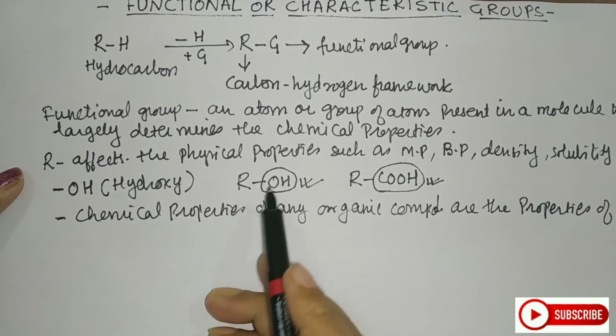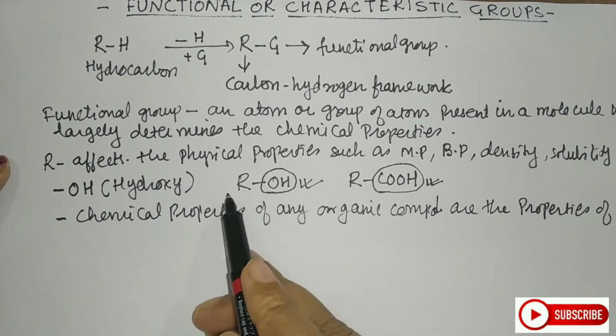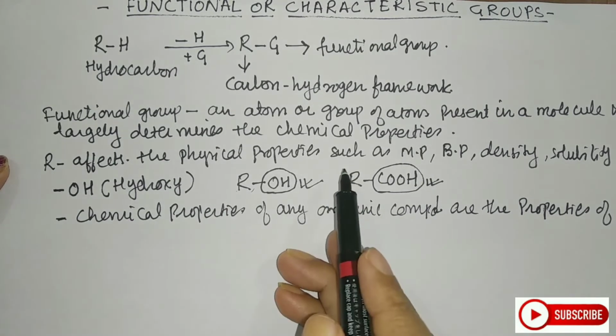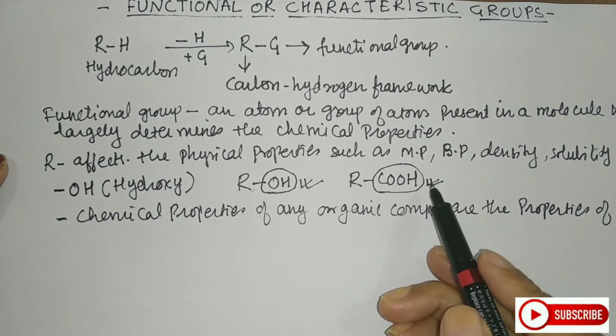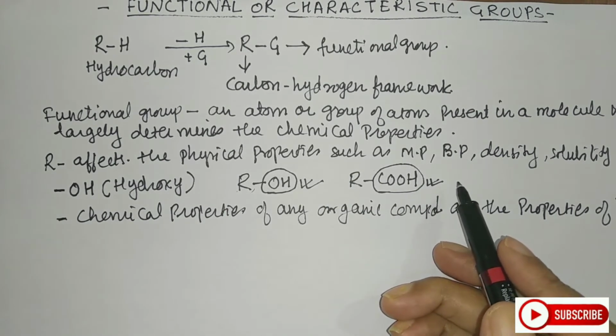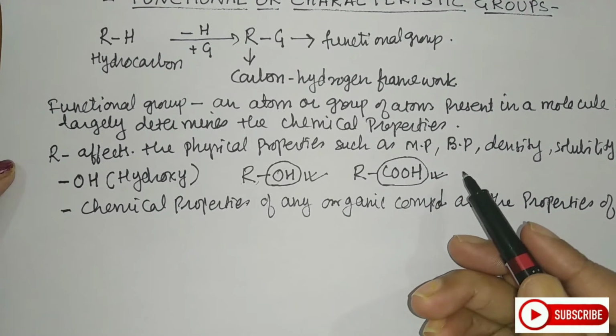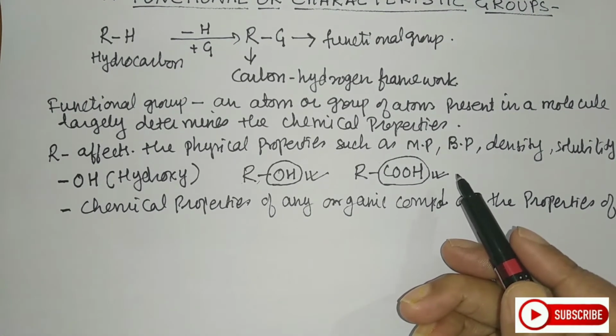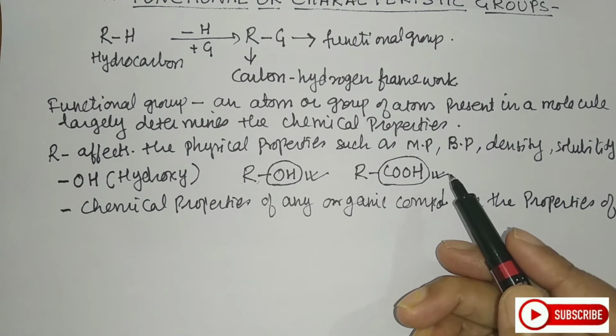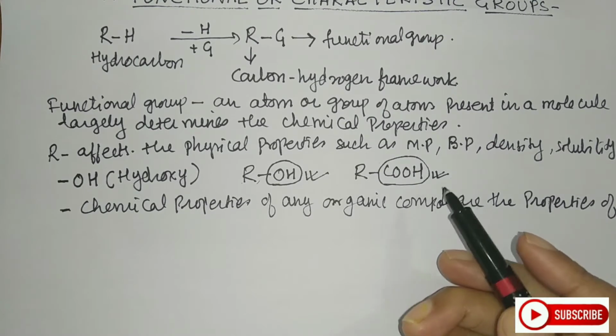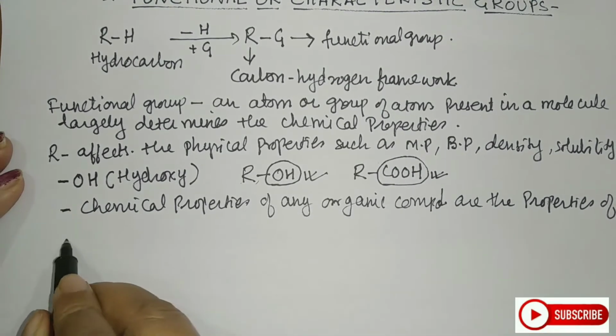So students, the physical properties are decided by this R, while the chemical properties are decided by the functional group that it is attached to. In other words, organic compounds containing the same functional group will have the same chemical properties.